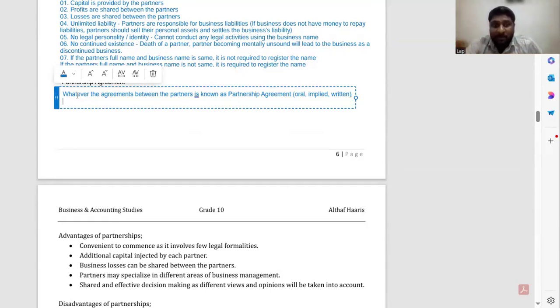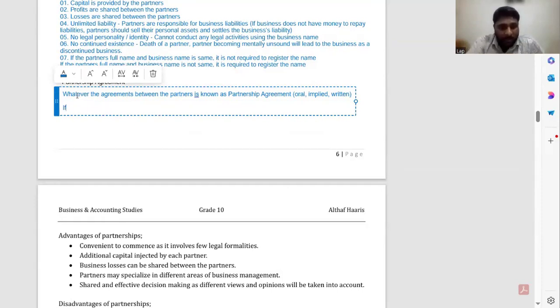So now write down a special point. If the partnership agreement is in written form, it is known as what?